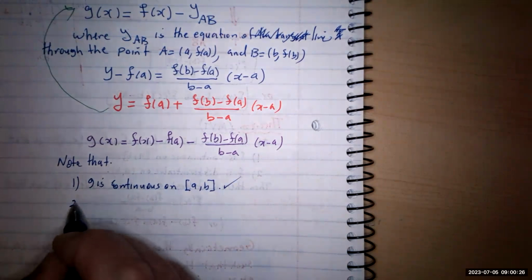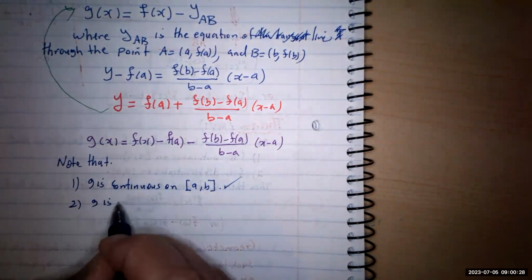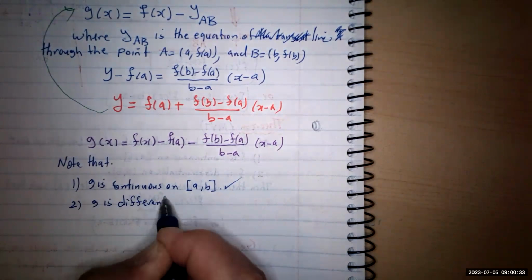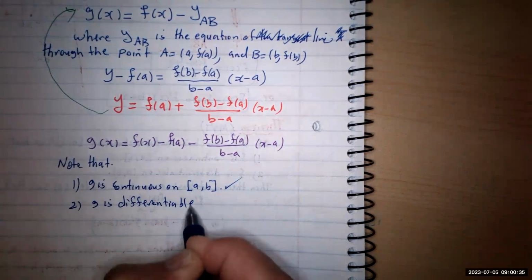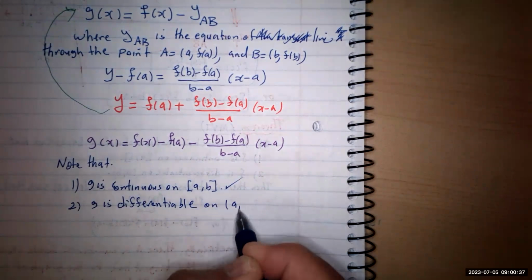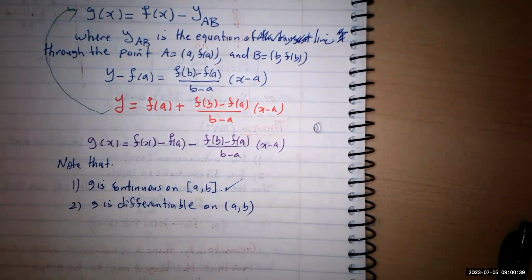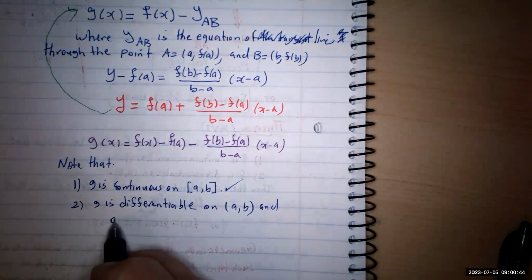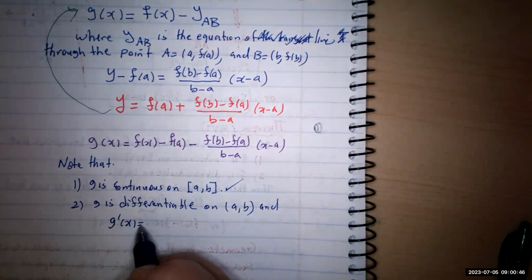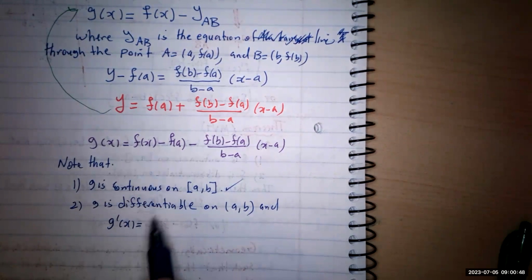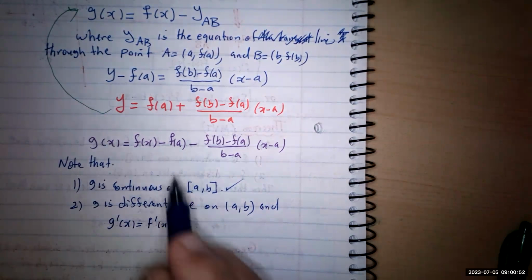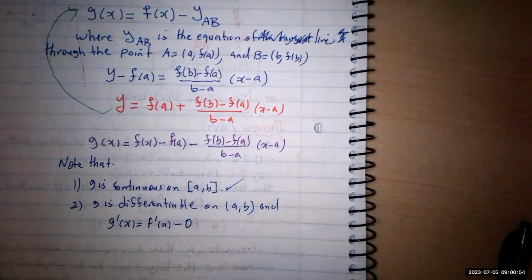g is differentiable. I want to give you the conditions of Rolle's theorem: differentiable on (a, b). And what is the derivative? g prime of x is f prime of x, and f of a is a number, so its derivative is 0.